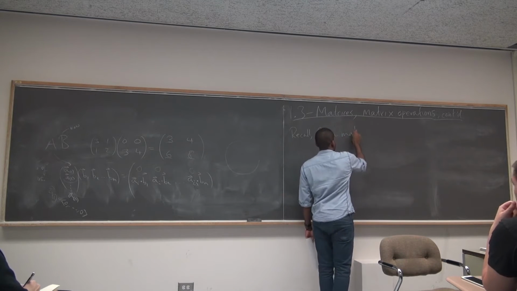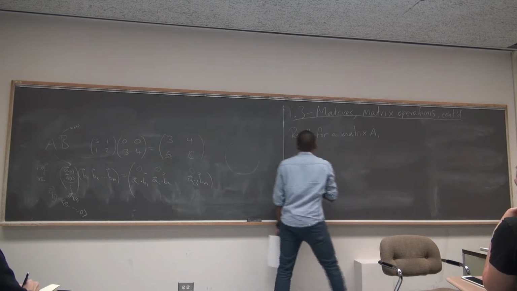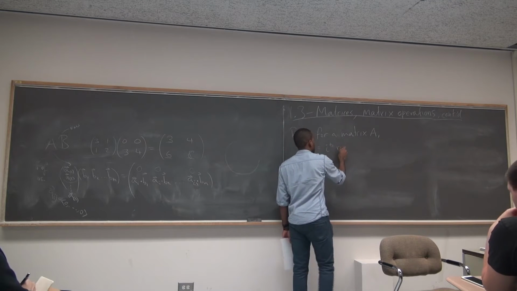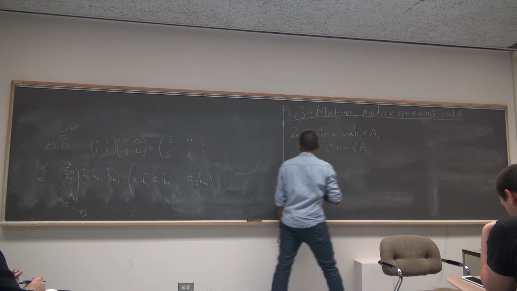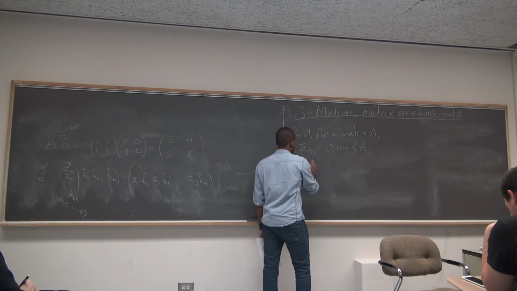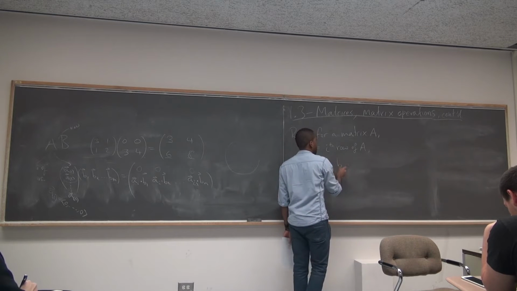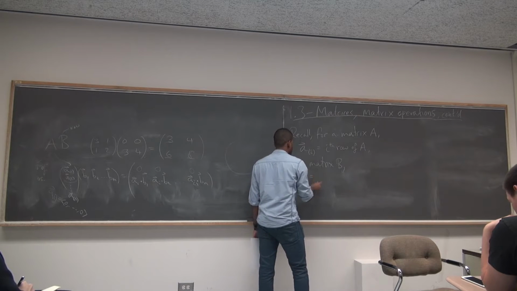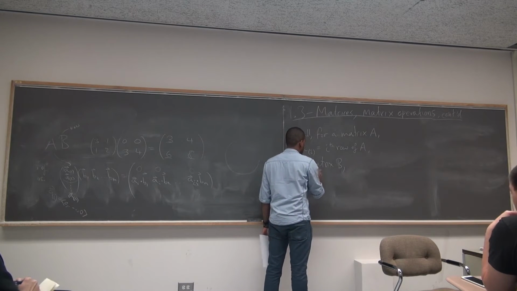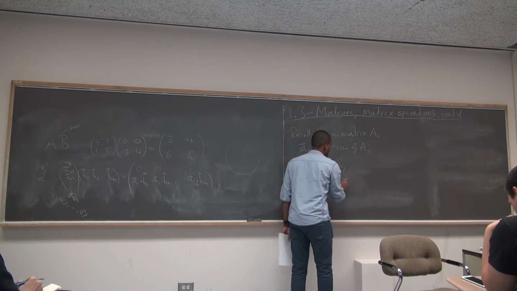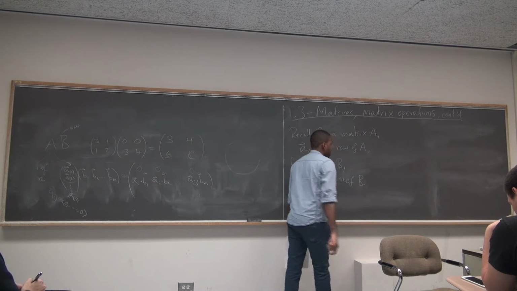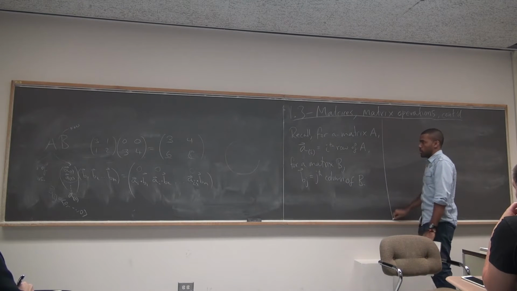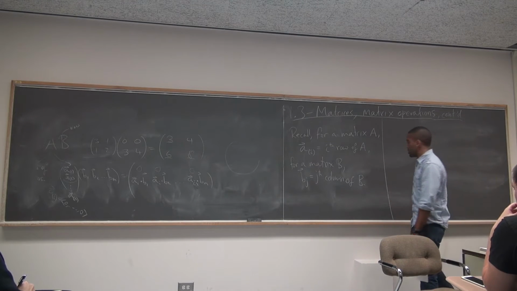For a matrix A, Ai equals the ith row. For a matrix B, Bj equals the jth column. Some textbooks use this notation, but it's not a general notation. I wouldn't assume that every single textbook would use this notation, but it's what I'm using.